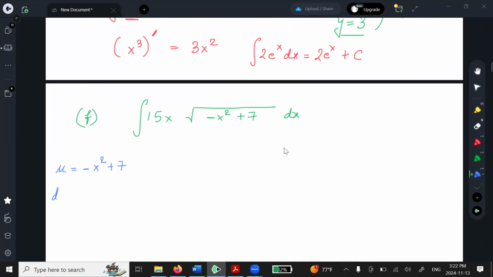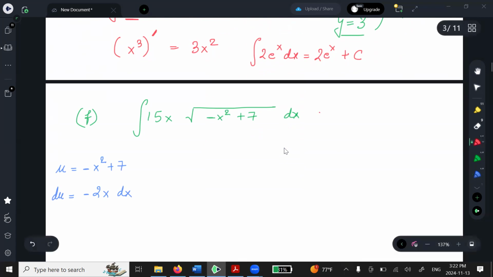What is du? Negative 2x, right? Now I don't see a negative 2 in the question. Let's rewrite this integral first. When I say rewrite the integral, I mean move the x and the dx together.